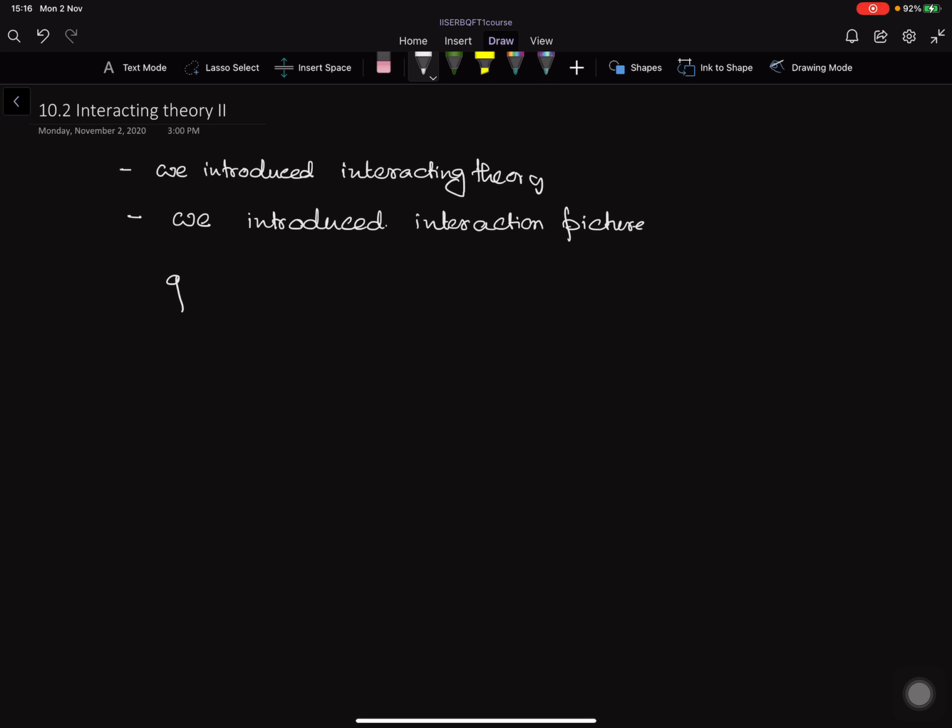Our goal is to compute the correlation function of the time ordered product of Heisenberg operators. We said in the previous lecture that this is the vacuum of the full theory.